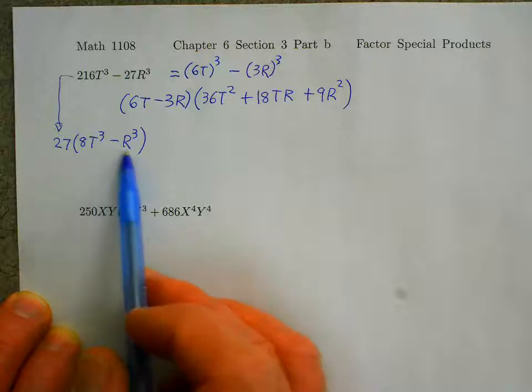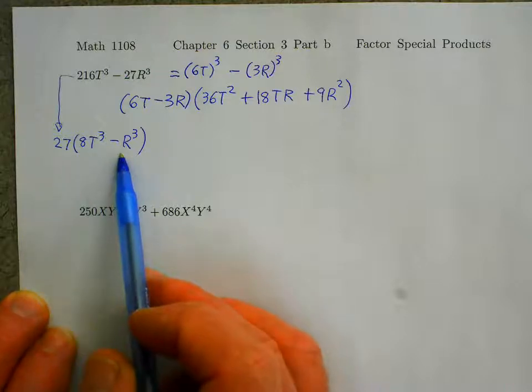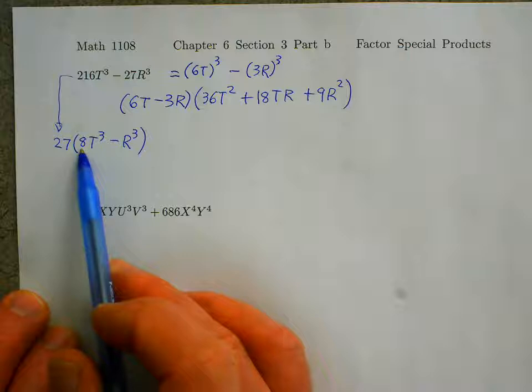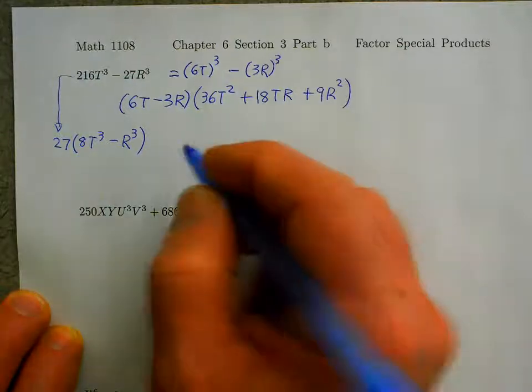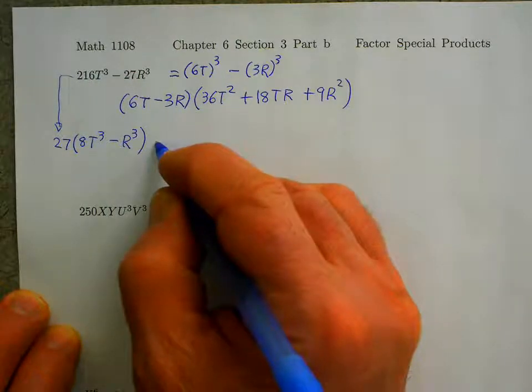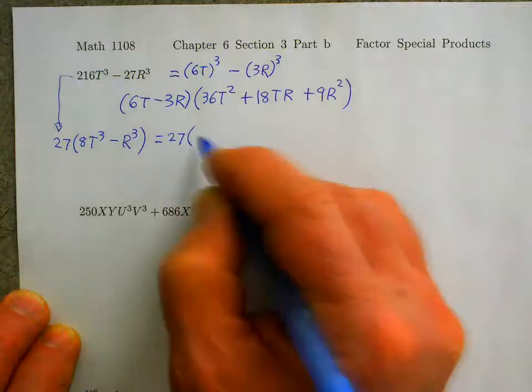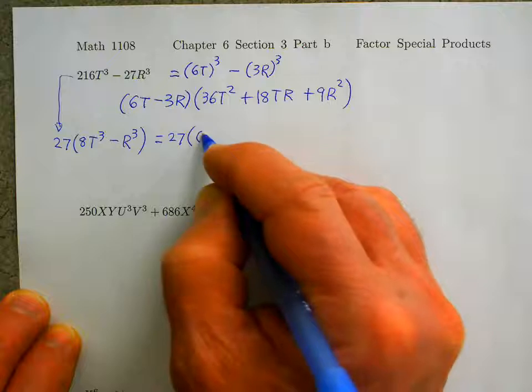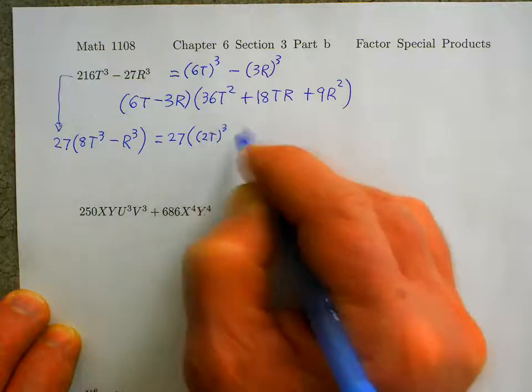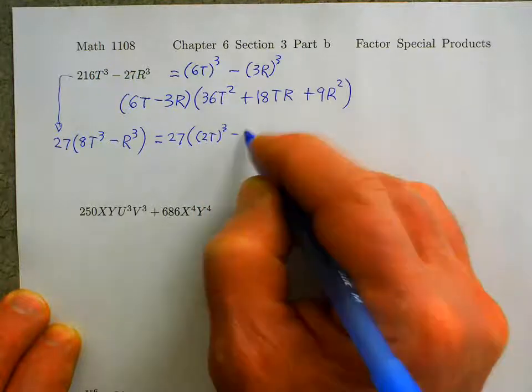But inside the parentheses, we have a difference of cubes because 8 is a perfect cube. So we can rewrite this as 27, and then in parentheses, the term 2t to the third minus r to the third.